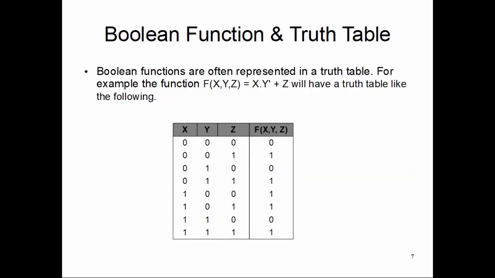So what I'm trying to say is that this function, x and y bar or z, instead of writing a Boolean expression, can also be expressed as a truth table, where we explicitly define all possible combinations of x, y, and z.